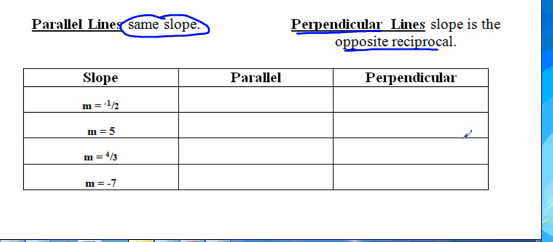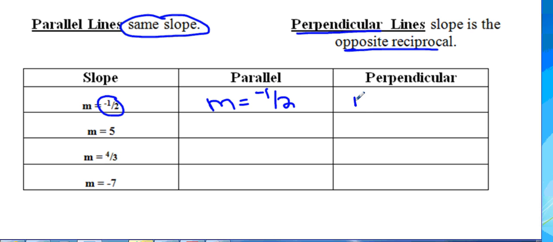parallel and perpendicular slopes. In this first problem here, I'm given a slope of -1/2. So if I were to write the slope of a line parallel to a line with -1/2 as their slope, I wouldn't have to change anything about that slope because parallel lines have the same slope.